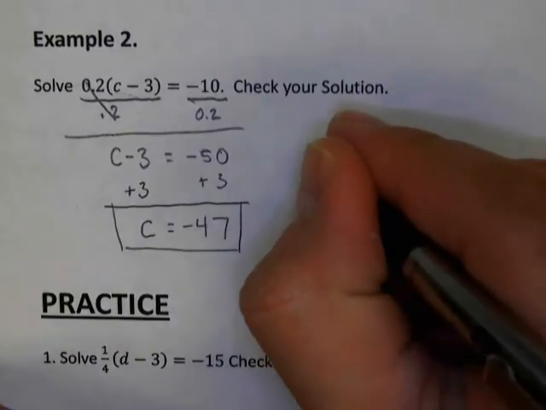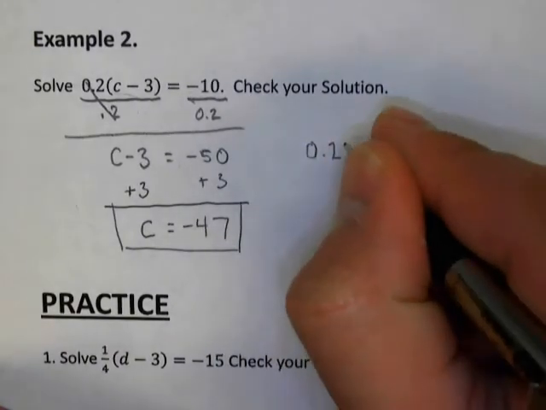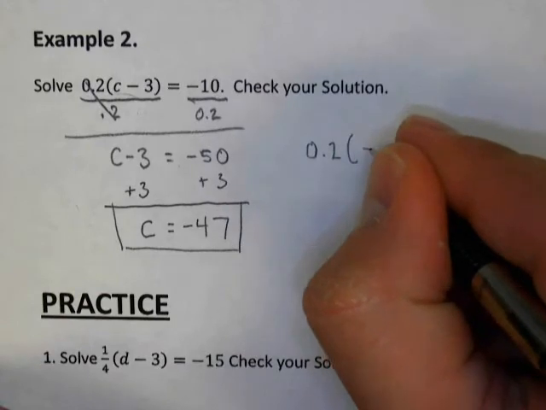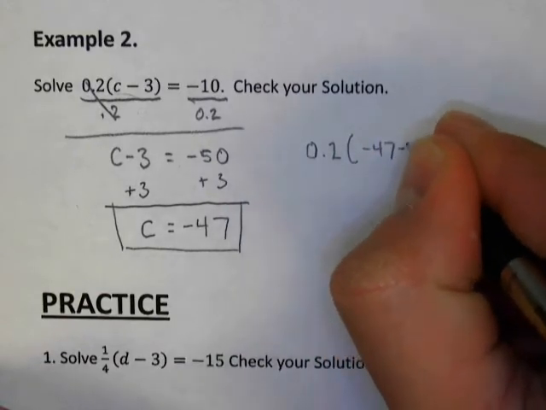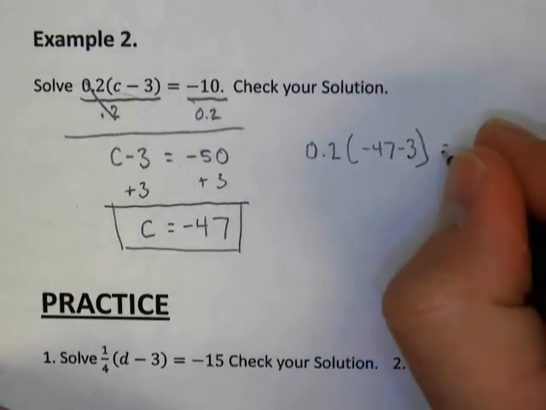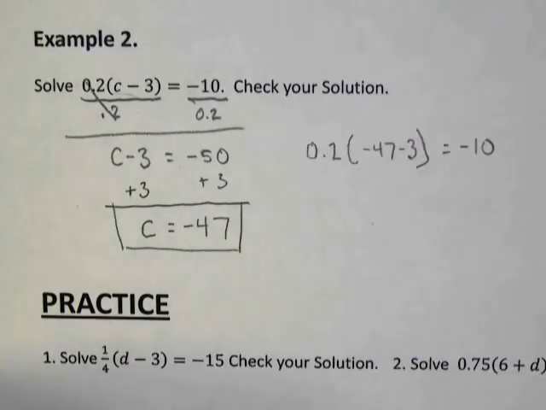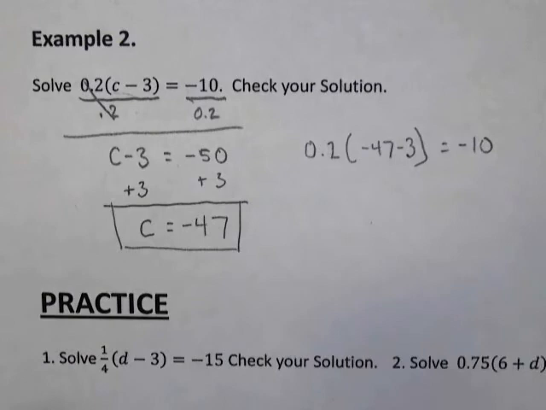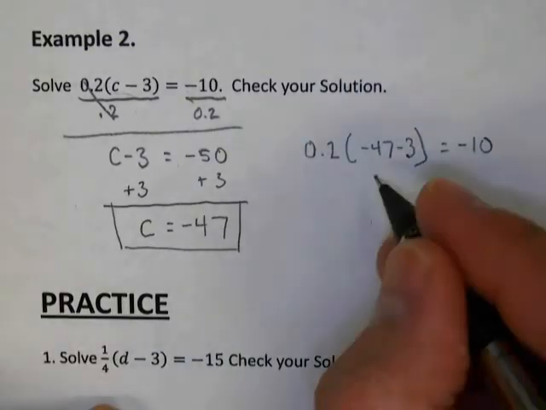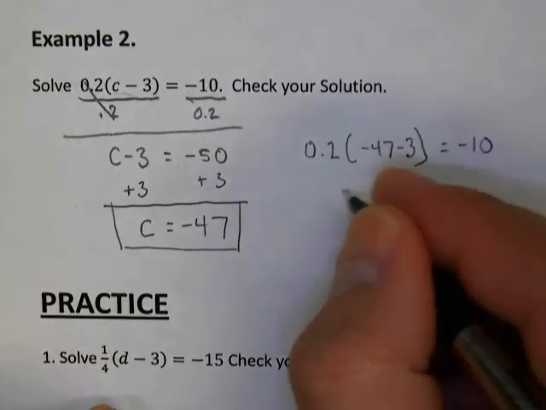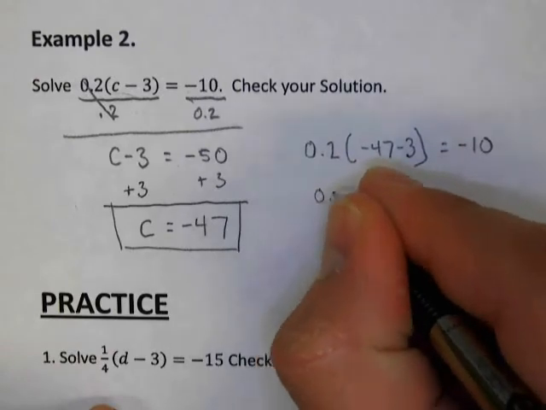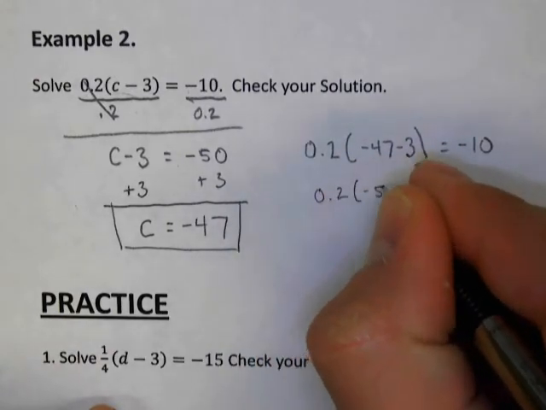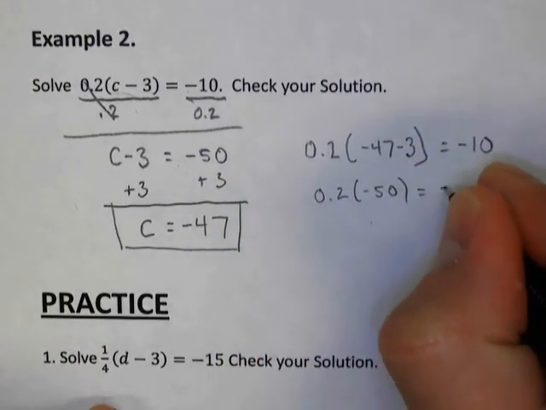We're going to go 0.2 times (-47 minus 3) equals -10. And if we do that, we know we have to do the parentheses first. That's what PEMDAS says here. Negative 47 minus 3 is negative 50, so we're going to have 0.2 times a negative 50 equals a negative 10.